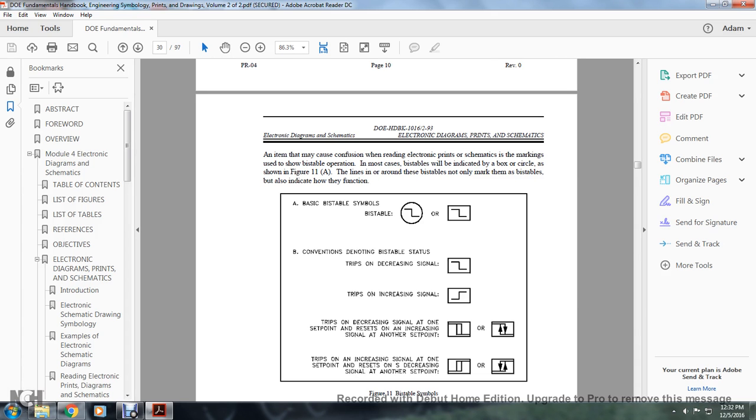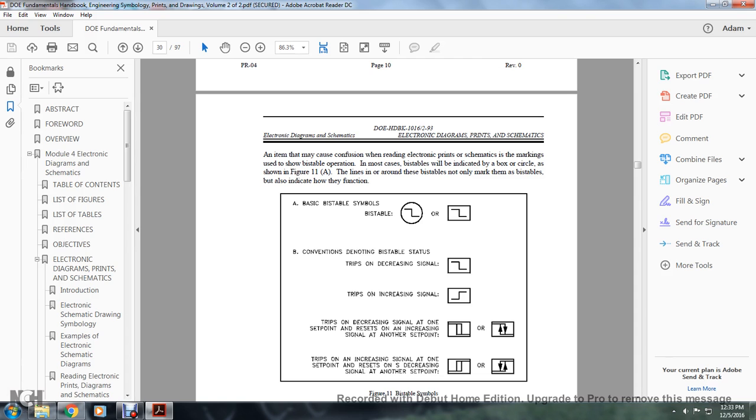The first basic bistable symbols: a Z in a circle or rectangle denotes bistable status. Trips on a decreasing signal, horizontal Z, trips on an increasing signal, another Z facing the other way. Trips on a decreasing signal at one of the set points and resets as the signal increases.